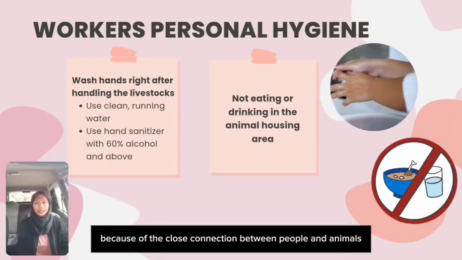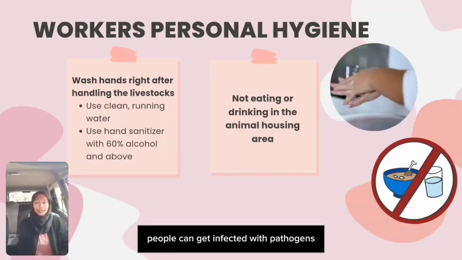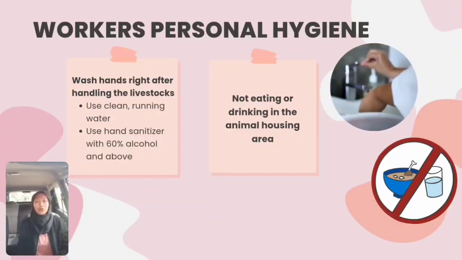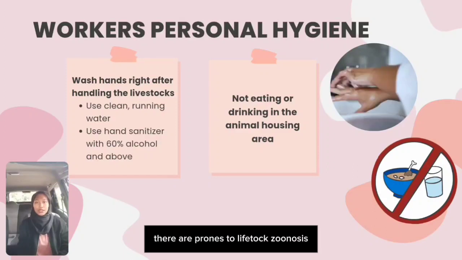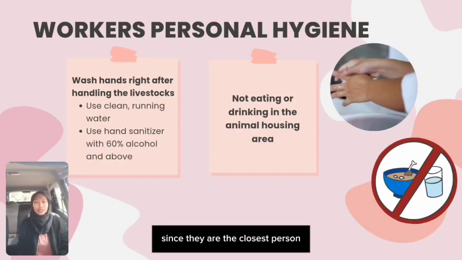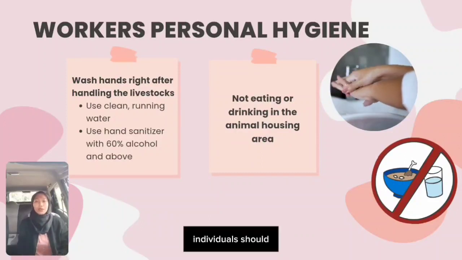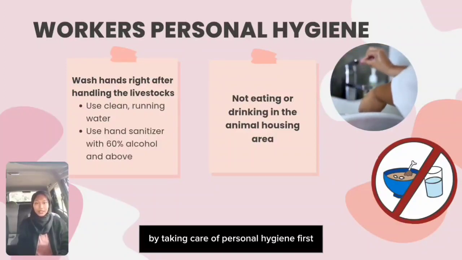Because of the connection between people and animals, it is important to be aware of the common ways people can get infected with pathogens that can cause zoonotic diseases. Workers are especially prone to livestock zoonoses, since they are the closest persons to the animals. Related to this, individuals should take part in preventing livestock zoonotic disease by taking care of personal hygiene.